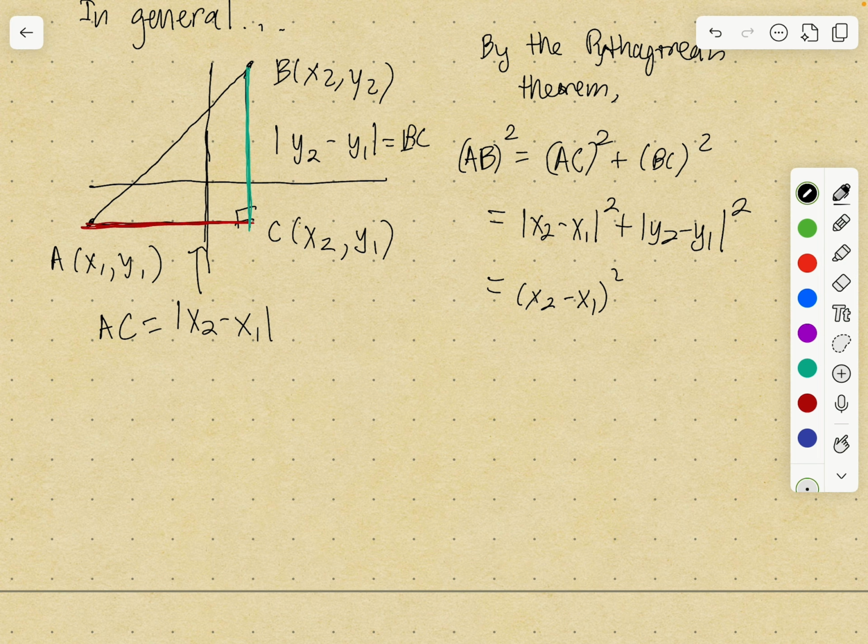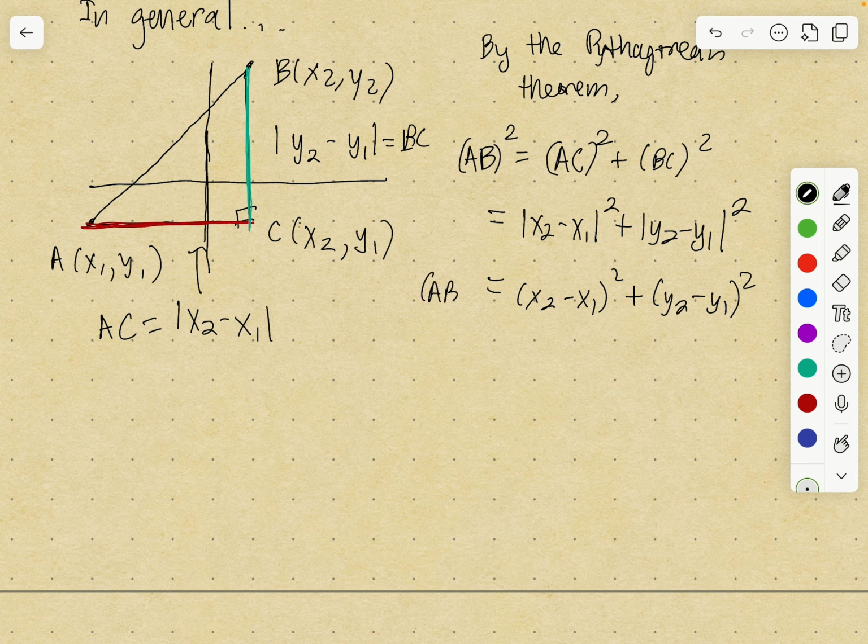So when I take the absolute value of x2 minus x1, it's either x2 minus x1 or it's negative parentheses x2 minus x1. But when you square them, you just get x2 minus x1 in parentheses squared. Similarly, I am going to get y2 minus y1 in parentheses squared.